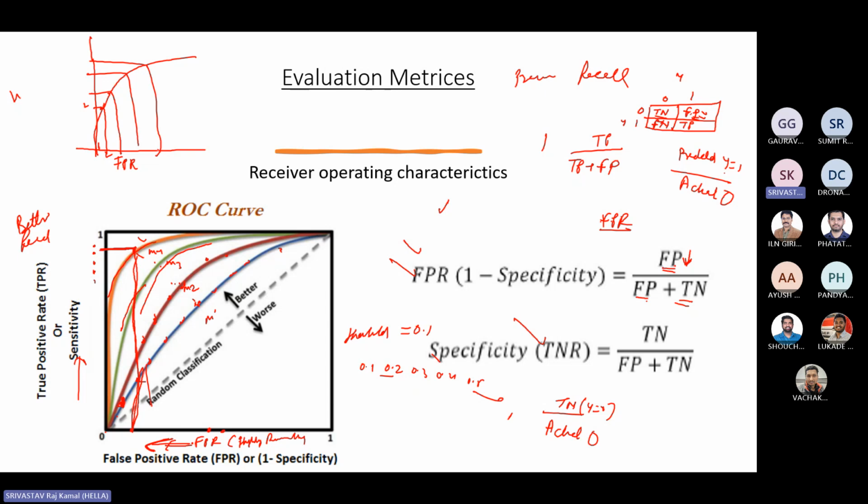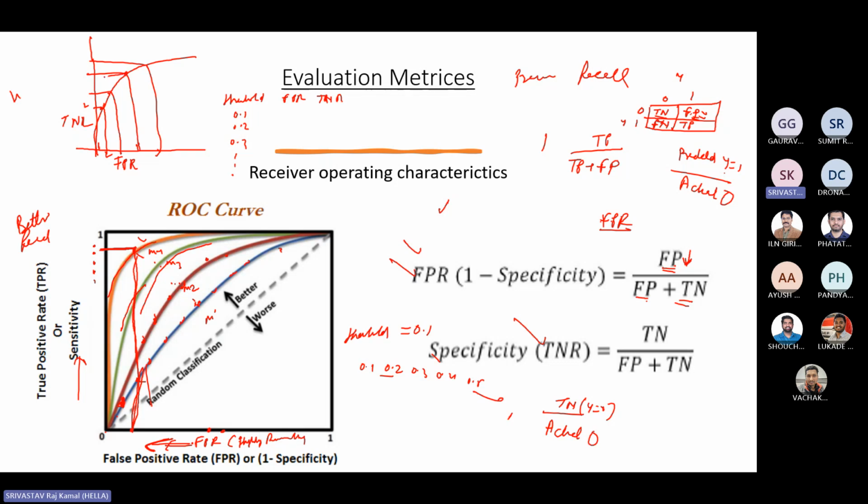Then based on that, you would have thresholds 0.1, 0.2, 0.3 and so on, with all these values of FPR and TPR. Now this ROC will tell you, based on your business objective, okay, this alpha is fine.